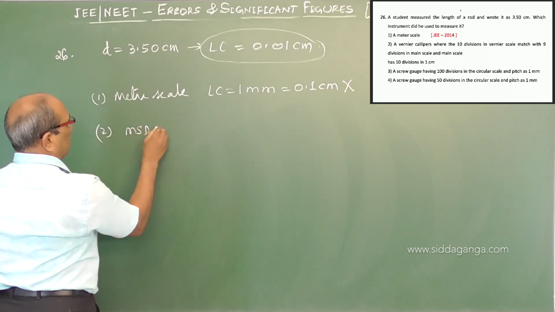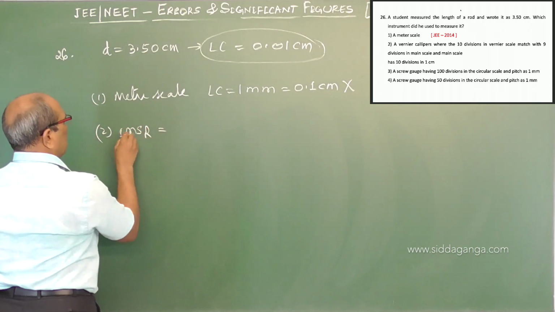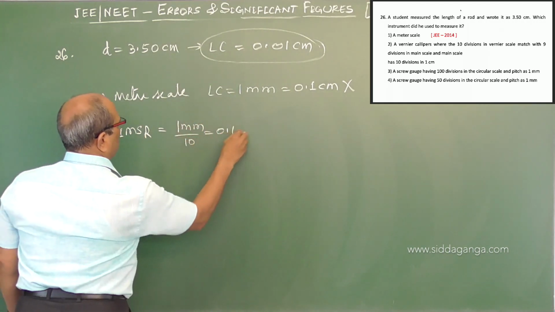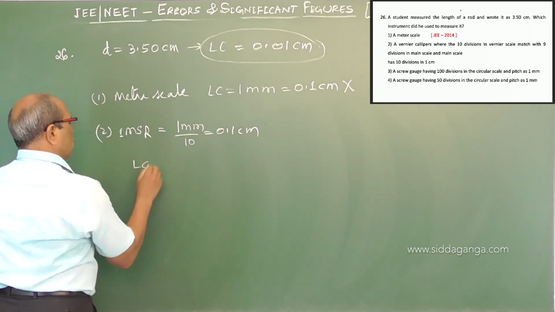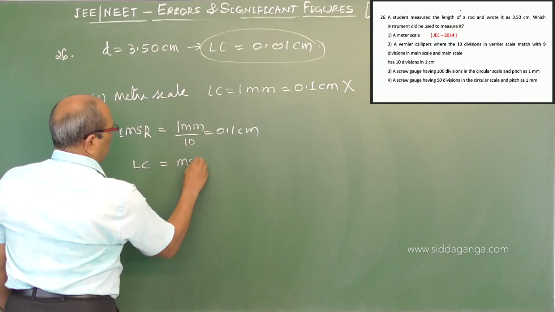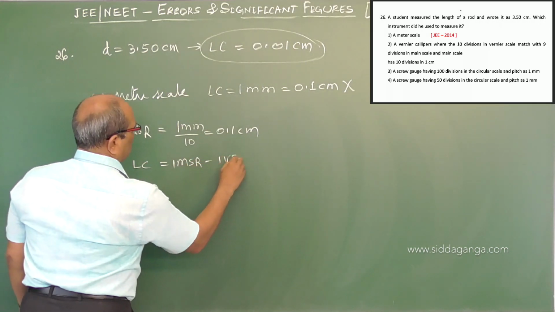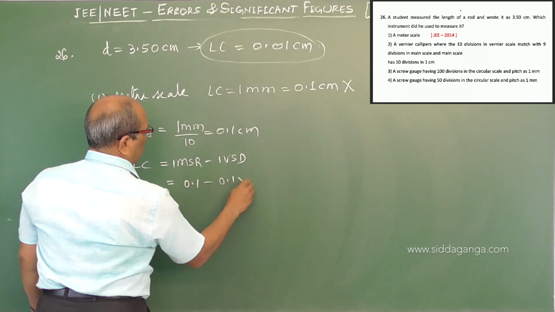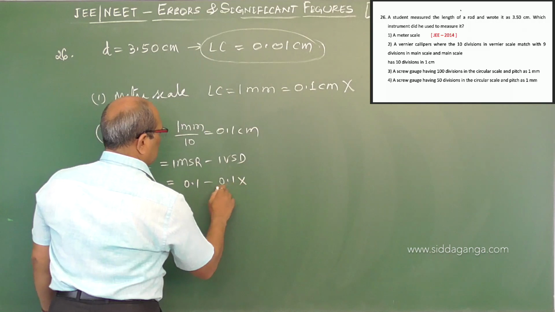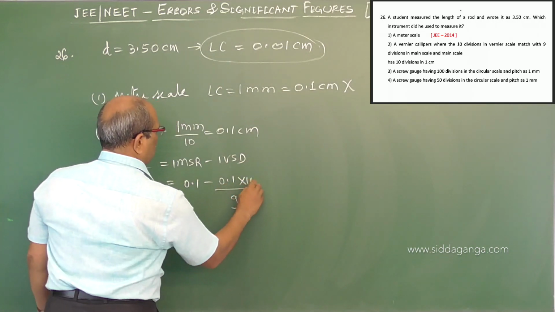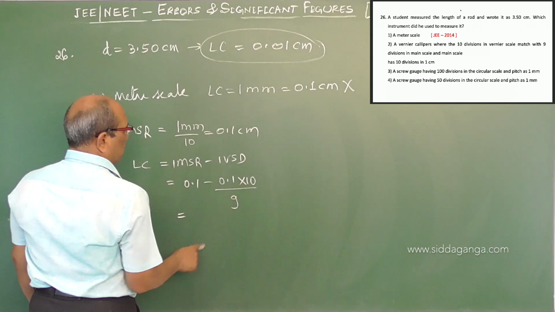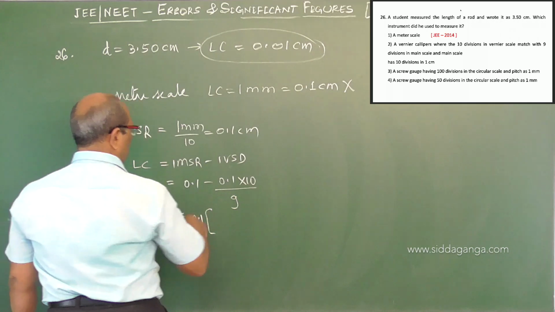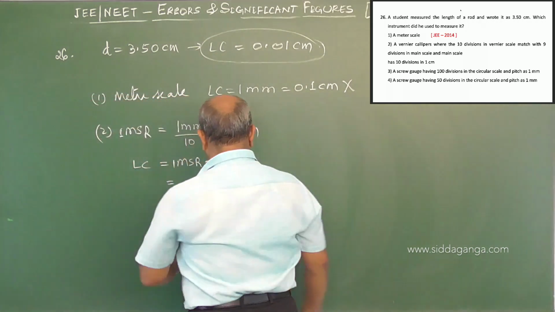One main scale reading is 1 millimeter by 10, which is equal to 0.1 centimeter. Least count of vernier calipers is 1 MSD minus 1 VSD. 1 MSD is 0.1, minus 0.1 into 9 by 10, since 9 divisions coincide with 10.